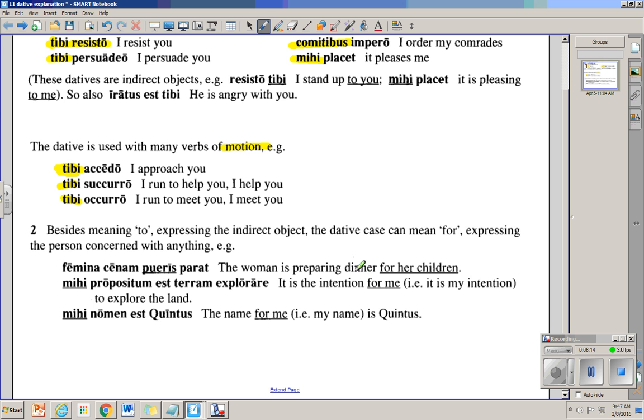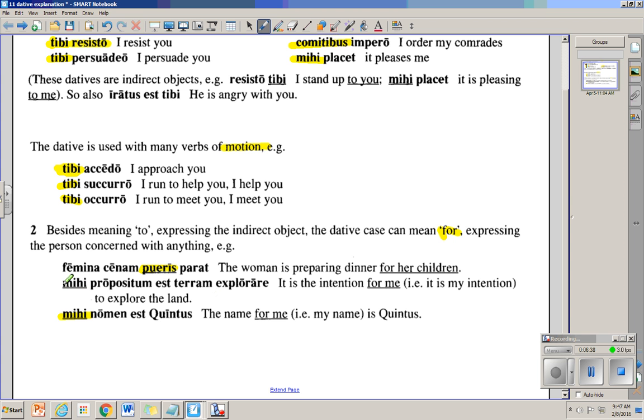Okay, number two is a secondary way to translate dative, and that is for. So the woman is preparing dinner for the children. The name for me is Quintus. Oh, the name to me actually works too, doesn't it?